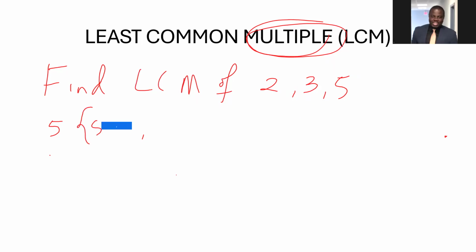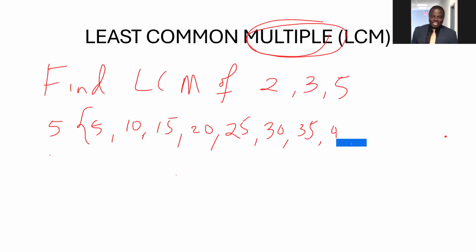So 5 times 2 is 10, 15, 20, 25, 30, 35, 40, and then it keeps going like that.